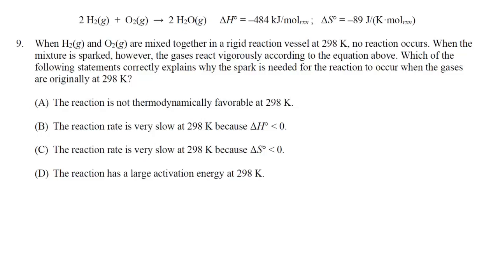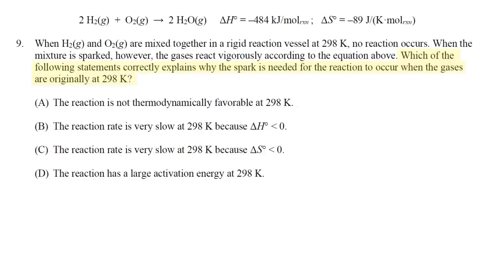So this question also falls under topic 9.4, which is thermodynamic and kinetic control. So it goes on to say, when the mixture is sparked, however, the gases react vigorously according to the equation above. So which of the following statements correctly explains why the spark is needed for the reaction to occur when the gases are originally at 298 Kelvin?